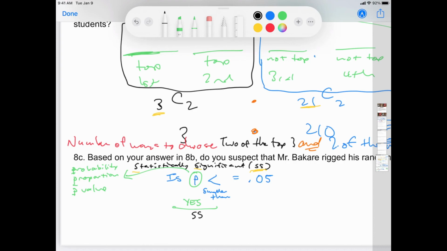And then we reject the original hypothesis, which we call the null hypothesis.